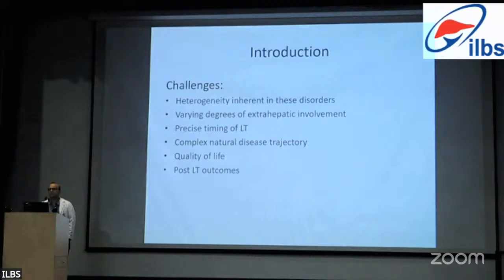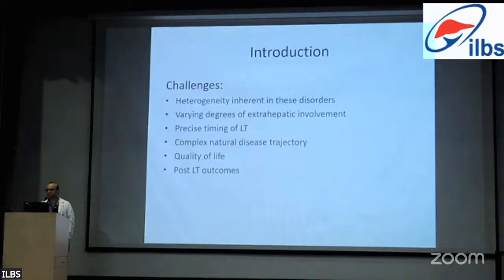Then the precise timing of LT, when to perform it, when the child is too small or late, and if you are performing it late, is it too late? Or more importantly, before the manifestation of neurological disabilities. And this is all related to complex natural disease trajectory.